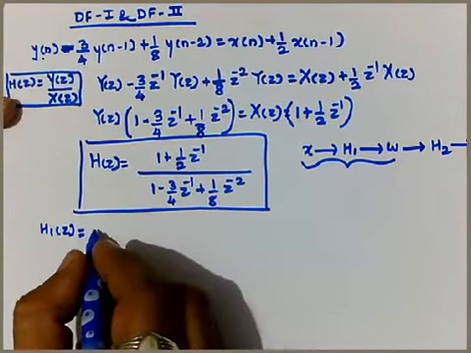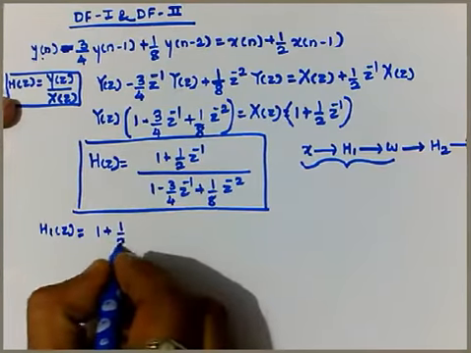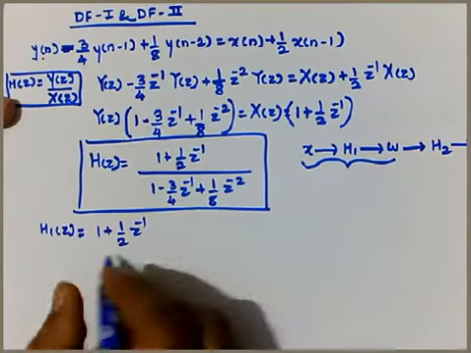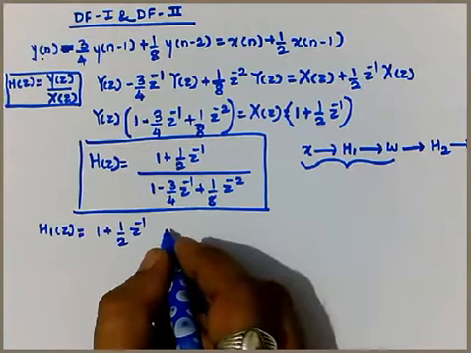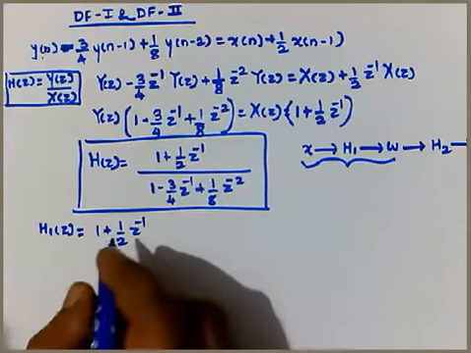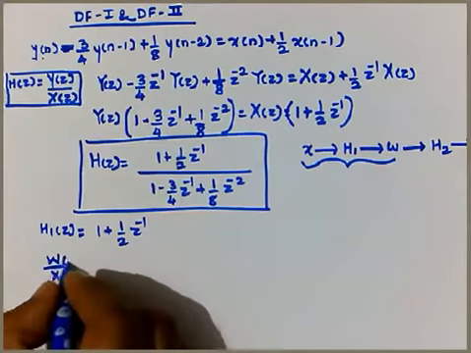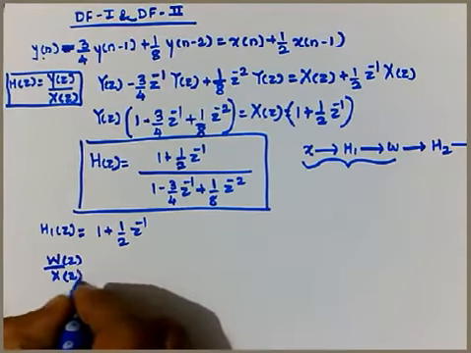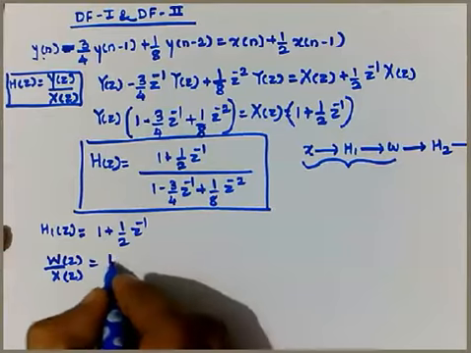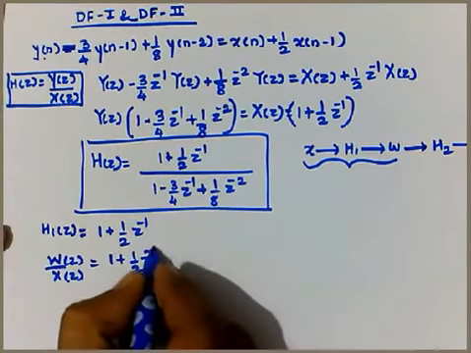It is nothing but all zeros, so W of z by X of z is equal to 1 plus 1 by 2 z inverse.